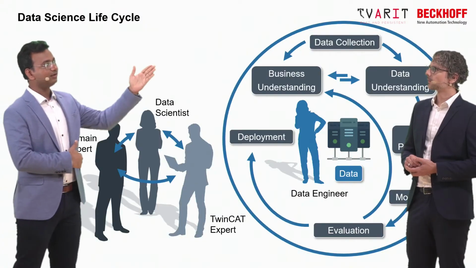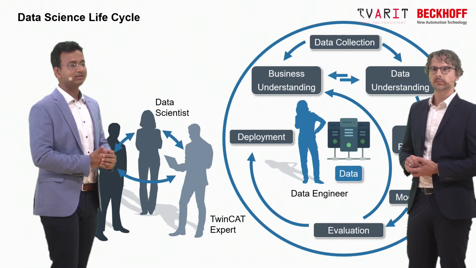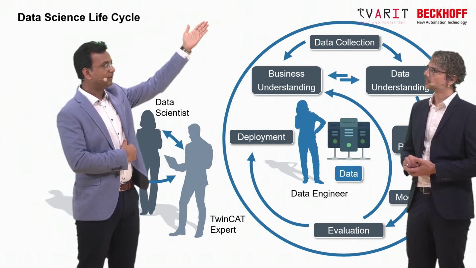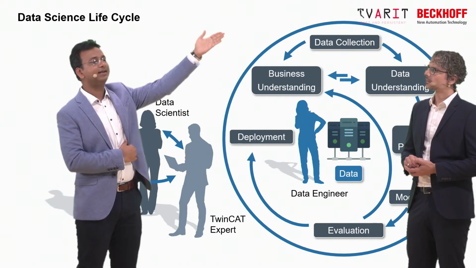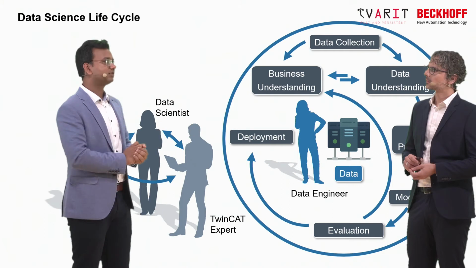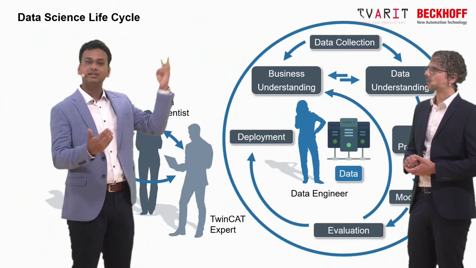Perfect. So let us understand this data science life cycle. This is the pretty well-known CRISP-DM methodology. In this methodology, step number 1 of a data science project always starts from data collection, business understanding, and data understanding. This is more like a loop. Here, Fabian will also bring his expertise to explain how we can implement those 3 steps.